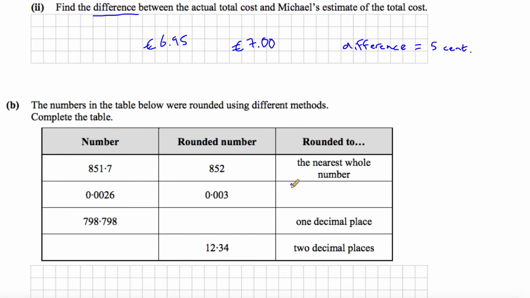three decimal places. Now you could also say that this was rounded to one significant figure, because zeros are not counted as significant.